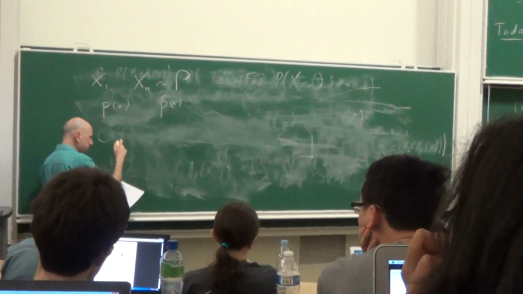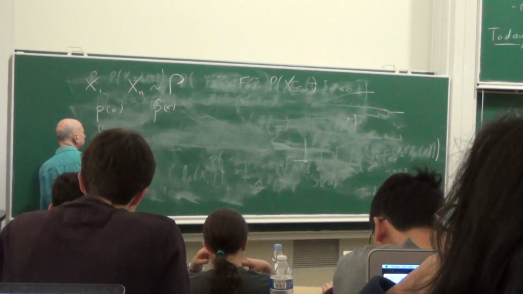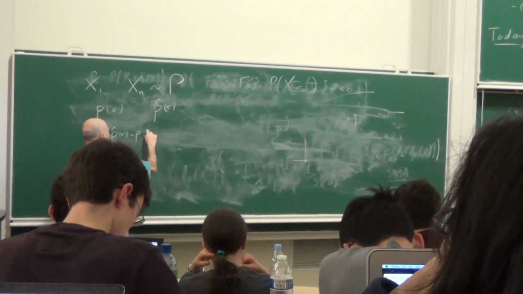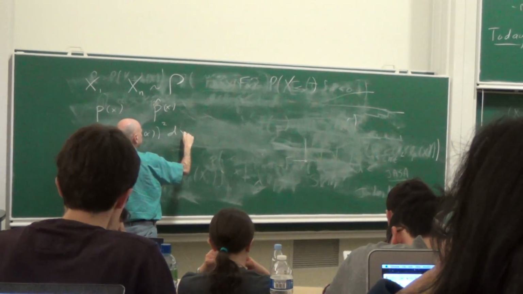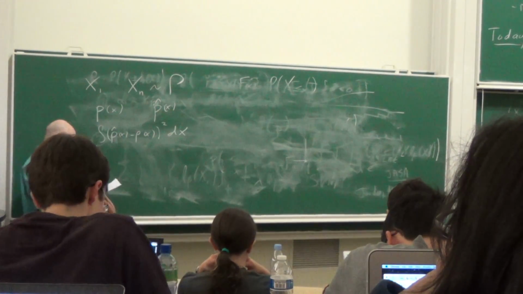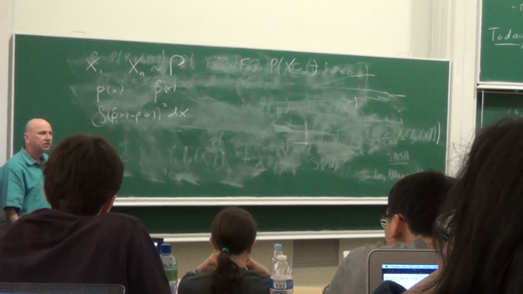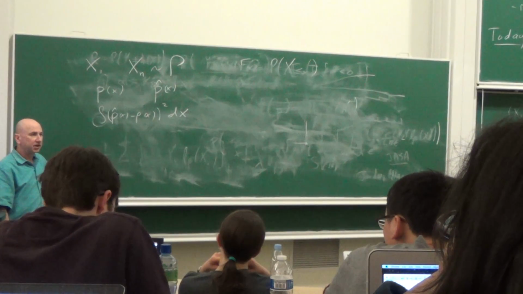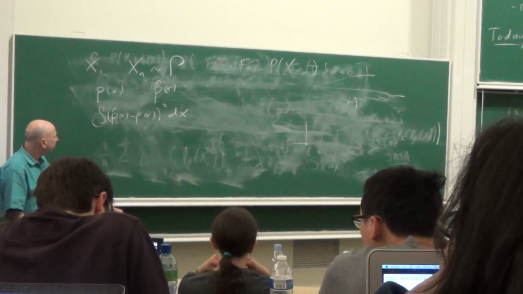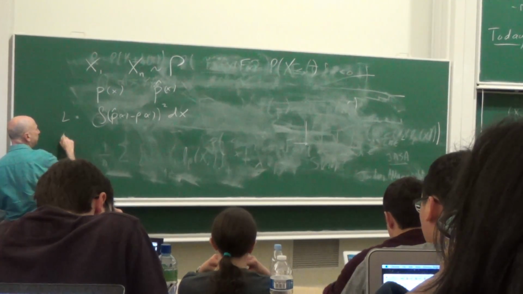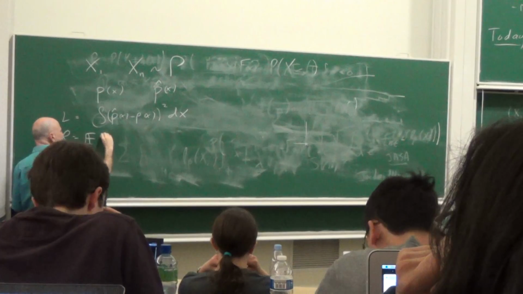But I'm going to use the most common one, which is squared error. On the homework, you'll explore a different loss function. So this will be the loss, and the risk will be the expected value of this.